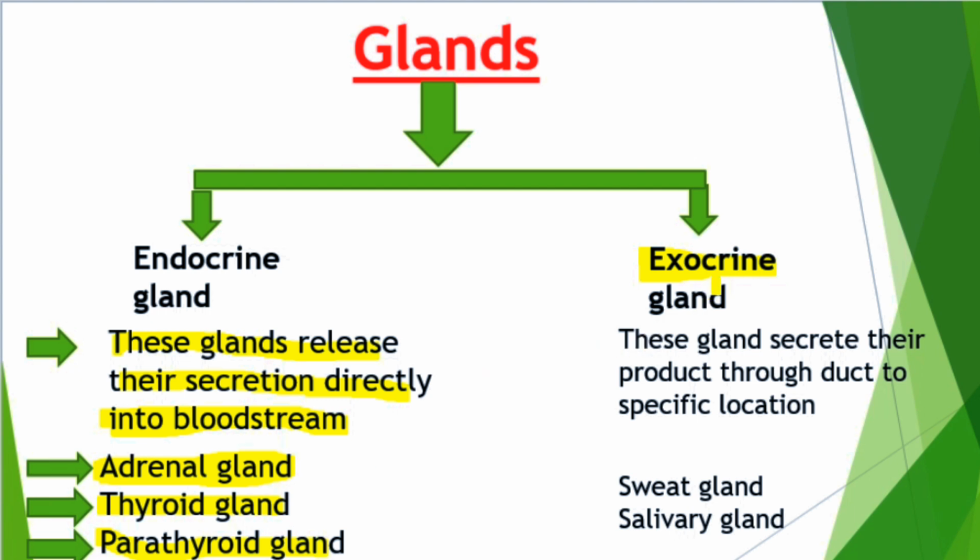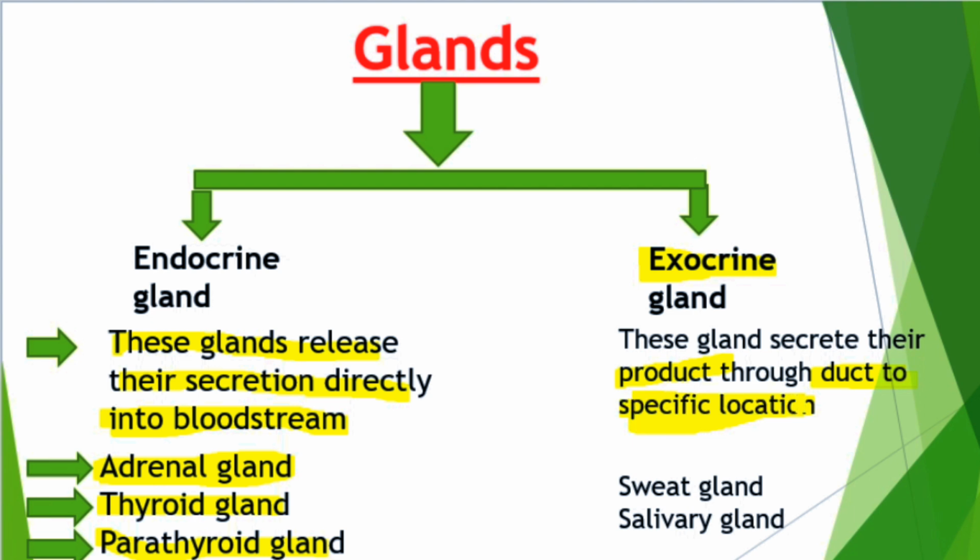While exocrine glands are the glands that secrete their products through ducts. So here a specific type of duct is present. When these glands release their secretions, the secretions move through these ducts to their specific location, where they perform a specific function in a targeted area.